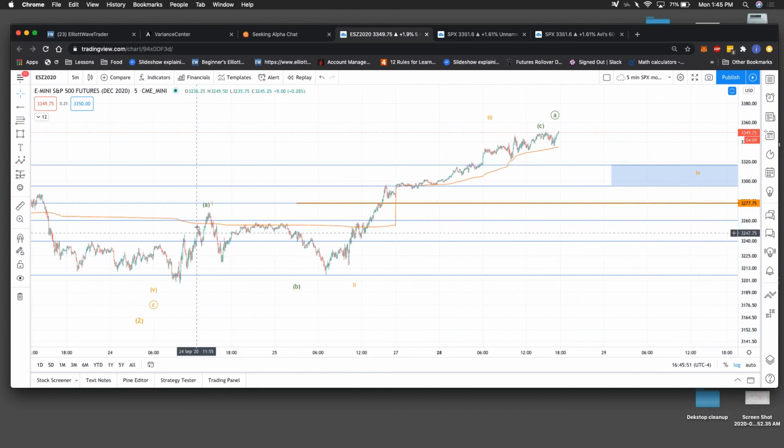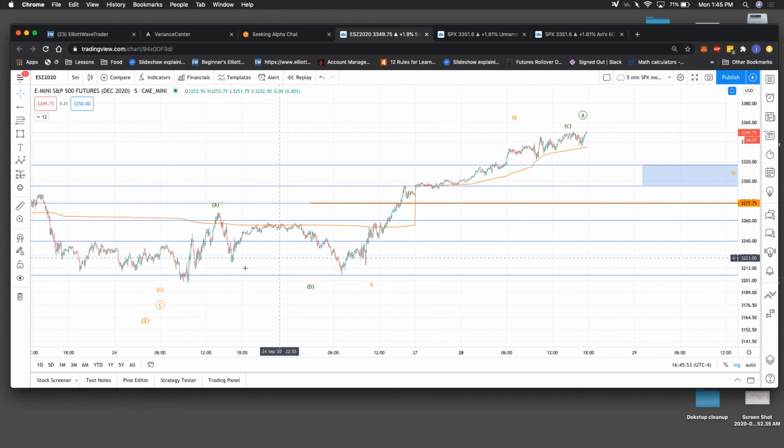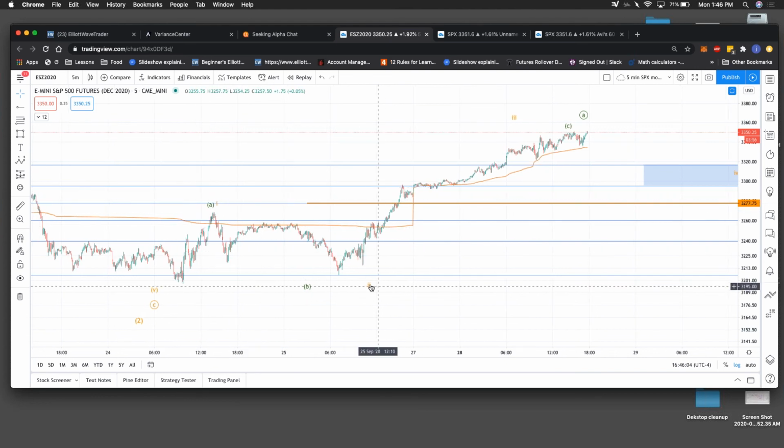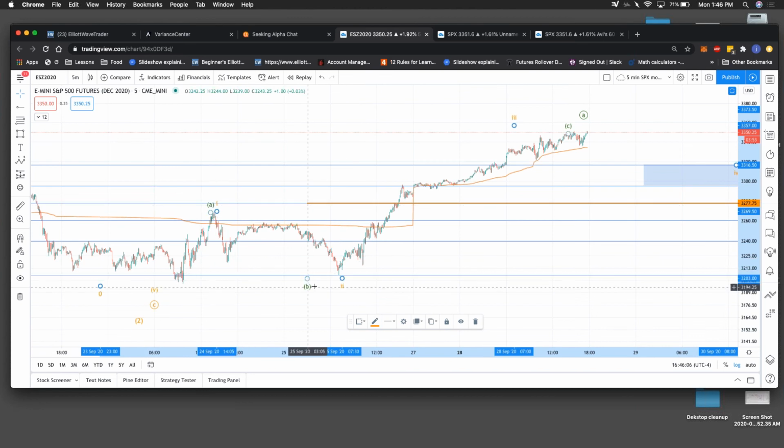I suppose if I were to call that a leading diagonal for this wave 1, it would be wave 1, wave 2, wave 3, wave 4, and wave 5 with a very muted wave 3. That technically works, but really counts better as 3 waves.